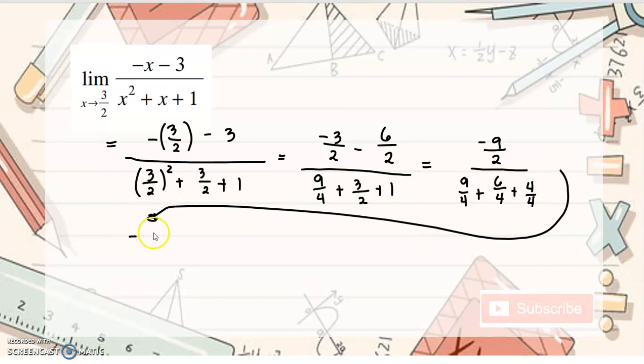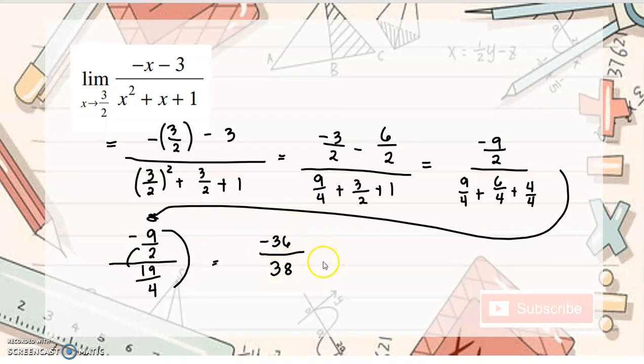So this would be negative 9 over 2 over 9 plus 6 is 15 plus 4, that is 19 over 4. Then when we multiply this part, negative 9 times positive 4 is negative 36 over 2 times 19, that is positive 38.